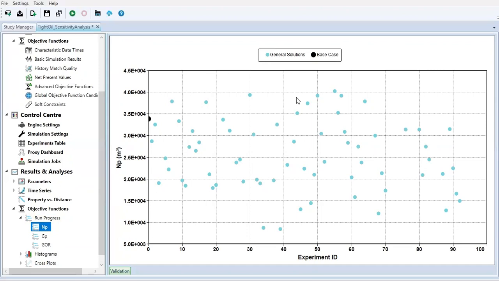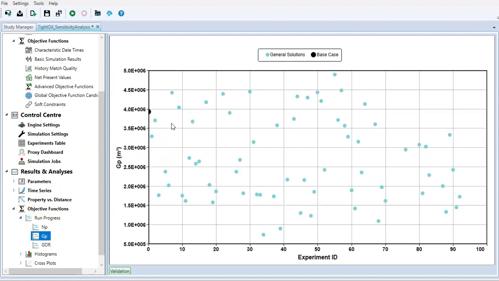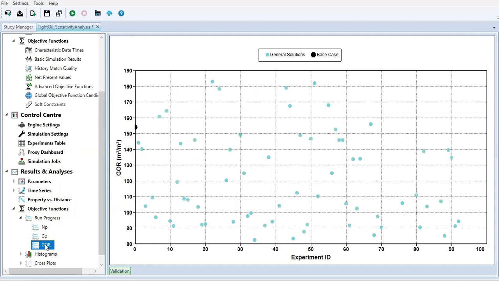So we can see the range that we get from the combination of our parameters. And you remember that for each parameter, we have upper limit and lower limit, right? And for the GP, cumulative gas production, this is what we have. And for GOR, gas oil ratio, this is what we get.